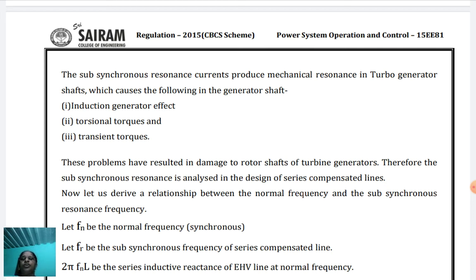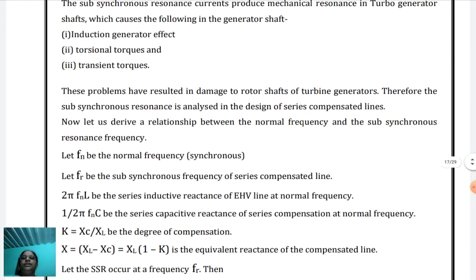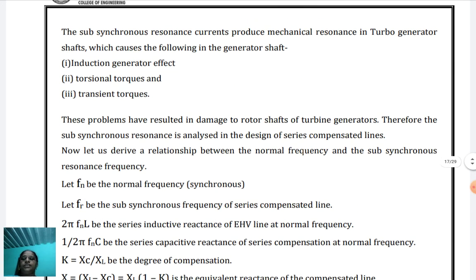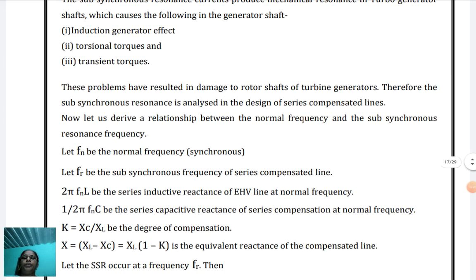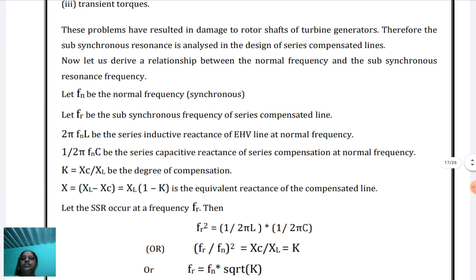Therefore it causes the following in the generator shaft: first is the induction generator effect, then torsional torques, then transient torques. These three are produced in the turbo generator at the generator shaft. These problems have resulted in damage to the rotor shaft of the turbine generator. Therefore we have to compensate for this, considering sub-synchronous resonance only.